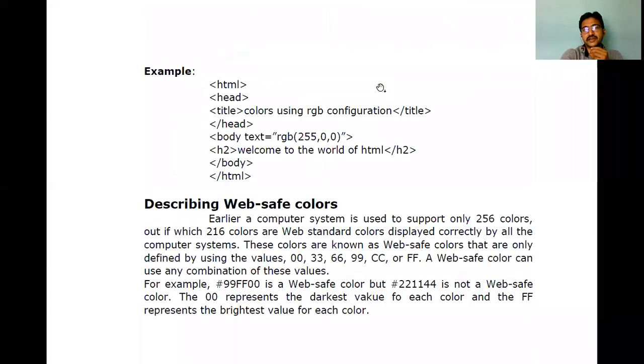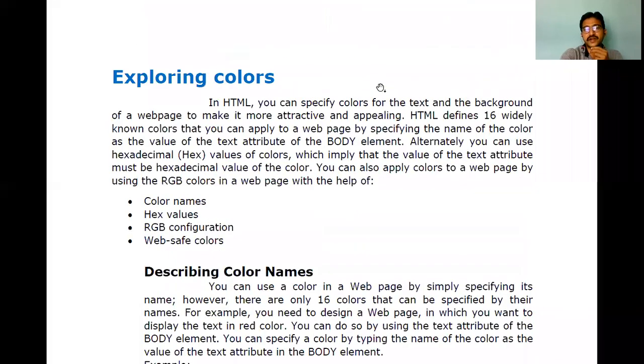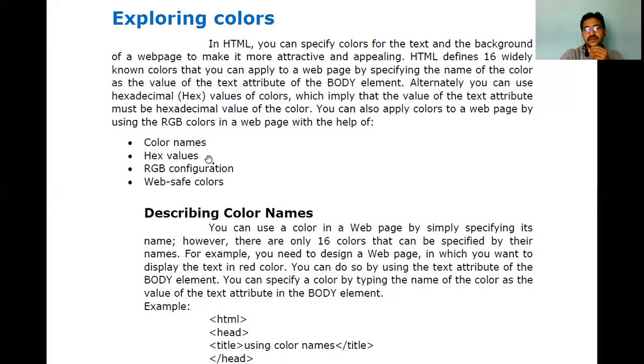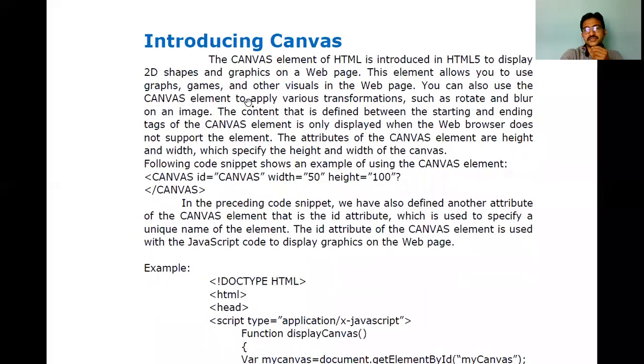Like this, it shows in a beautiful manner and we can use it directly. So 4 different categories of colors we can mention: with color names, with hexadecimal values, with RGB configuration, and with web-safe colors.